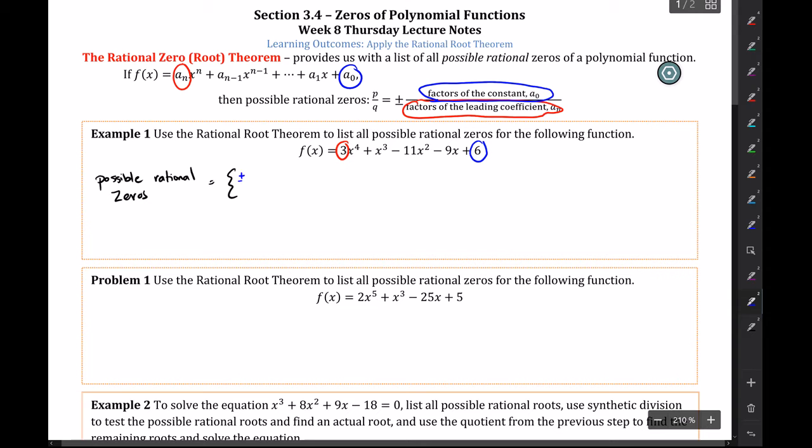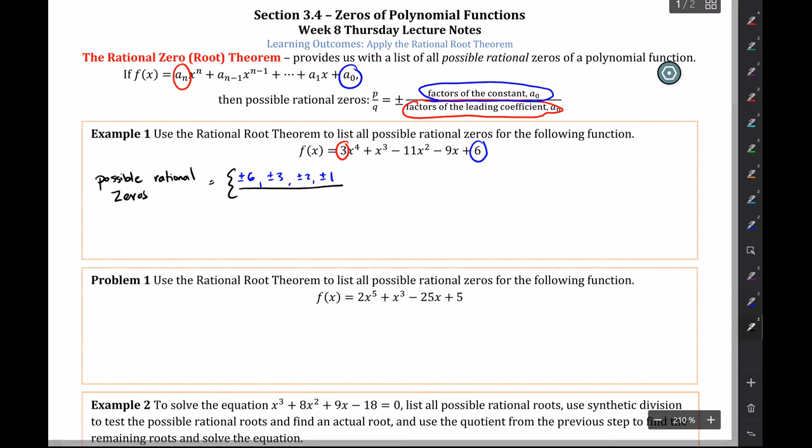We have plus or minus 6, so that would be 6 over 1, plus or minus 3, plus or minus 2, or plus or minus 1, over the possible factors of the leading coefficient, which would be plus or minus 3 or plus or minus 1.